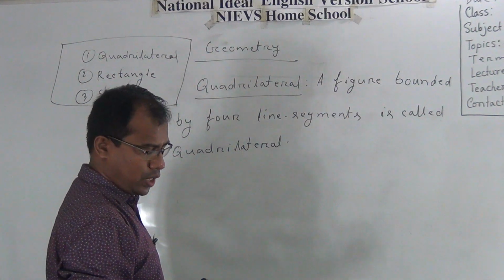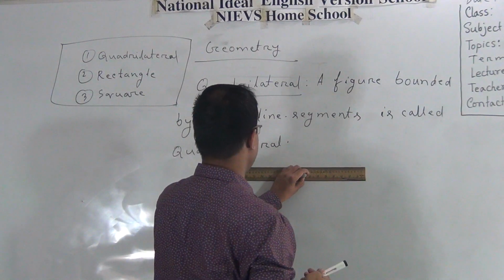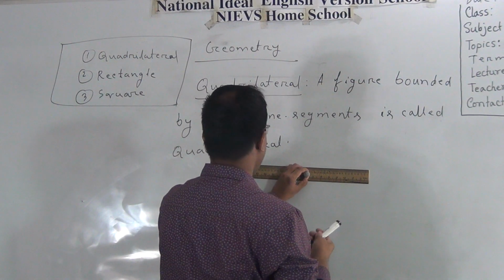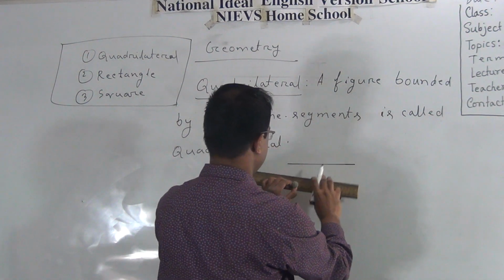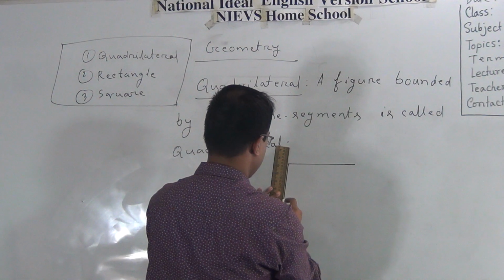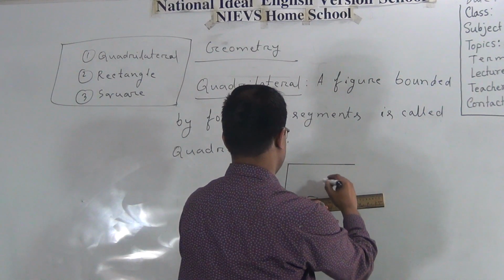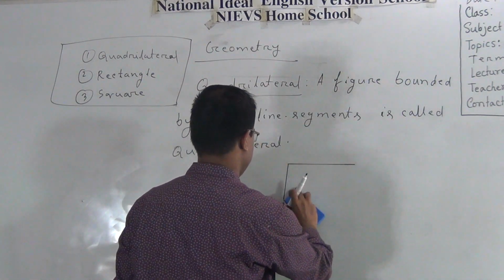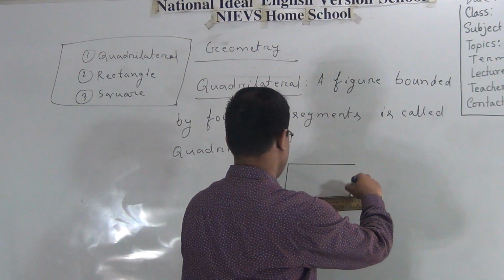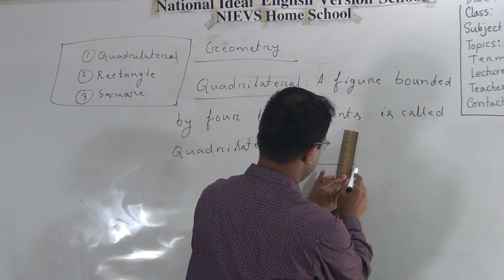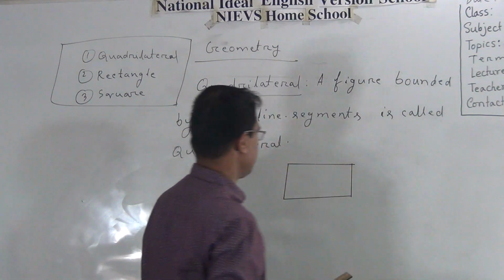Now I will draw a figure of quadrilateral. Here total four line segments will exist, and the line segments will make a bounded region. One line segment, another line segment, another line segment, and this is another line segment.